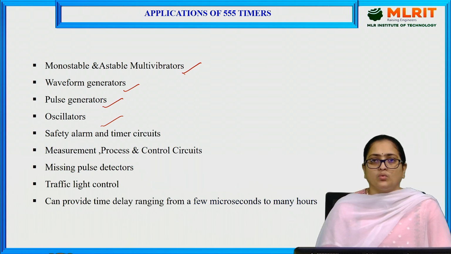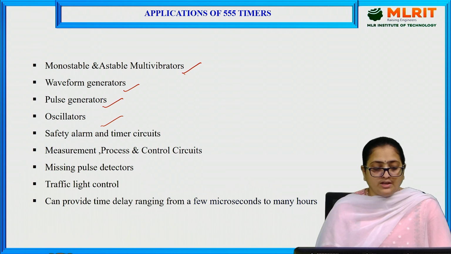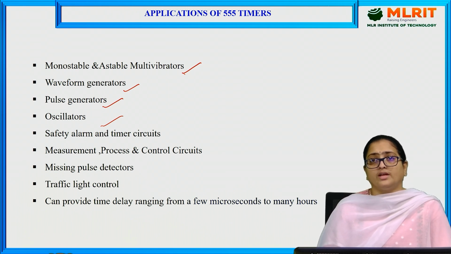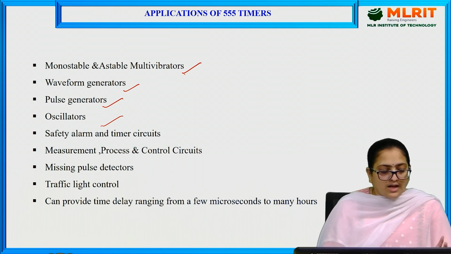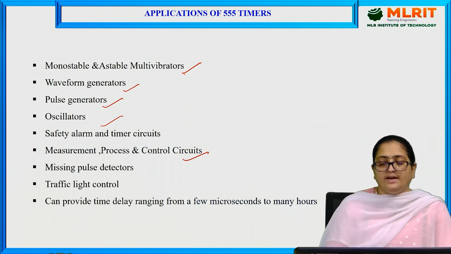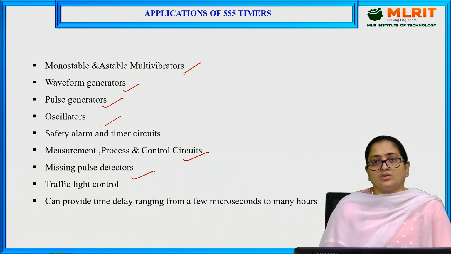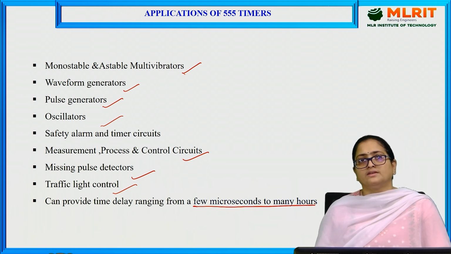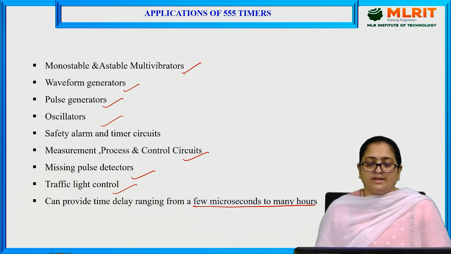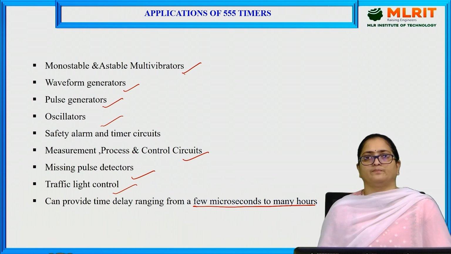Especially for traffic signals, we can use this 555 timer to produce a timing circuit, and for measuring process and control circuits, missing pulse detector, traffic light controls, and it can provide a time delay of a few microseconds to many hours. So, these are the many applications which can be done by using a 555 timer IC.